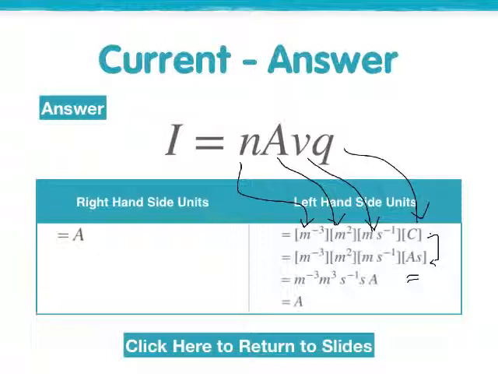If we look at the meters, we have m to the minus 3, m to the 2, and m, which cancel out. And we're left with s to the minus 1 and s, which also cancel out. And we're left with amperes and amperes.